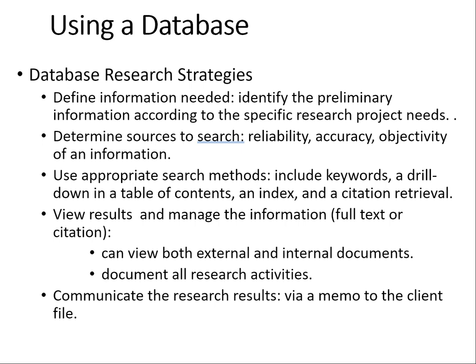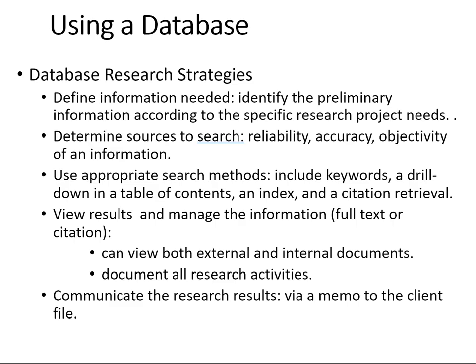The FASB Accounting Standards Codification is one of the sources if we want to find the accounting rules. We may also have accounting rules from other sources, like the SEC pronouncements. So there are so many sources; what's the criteria to select a database? Here are some criteria: reliability, accuracy, and objectivity of the information.